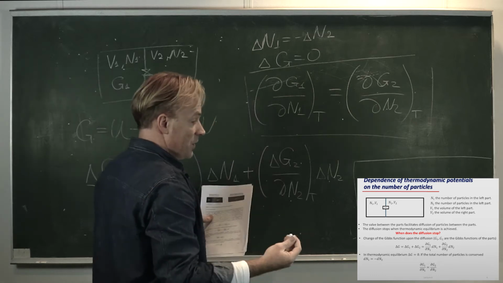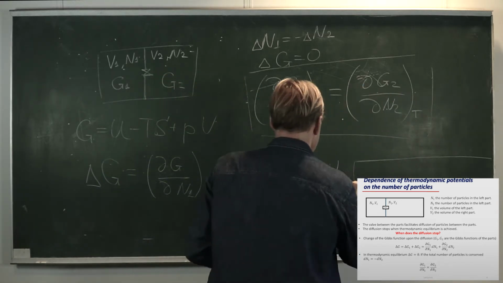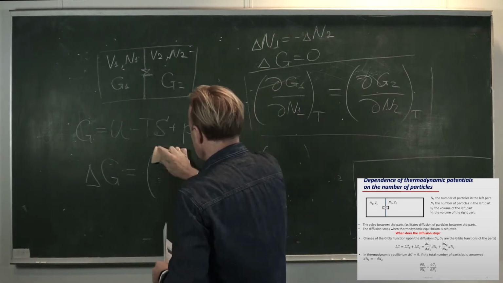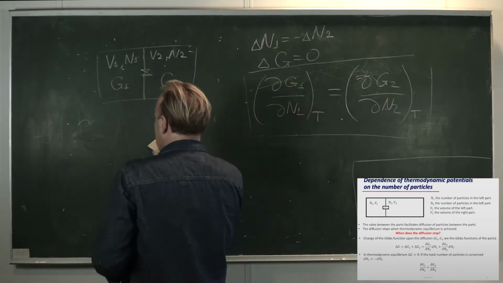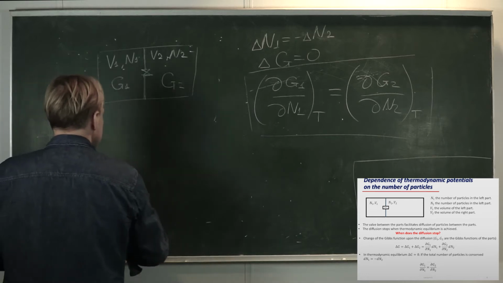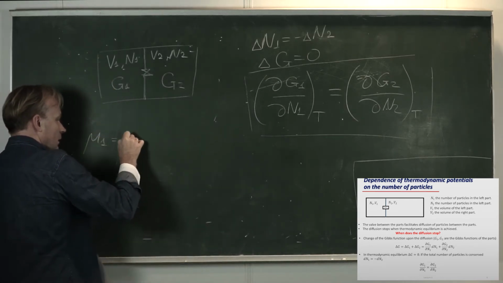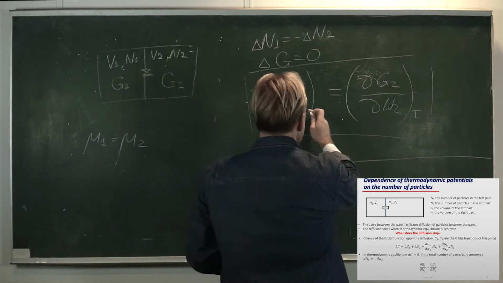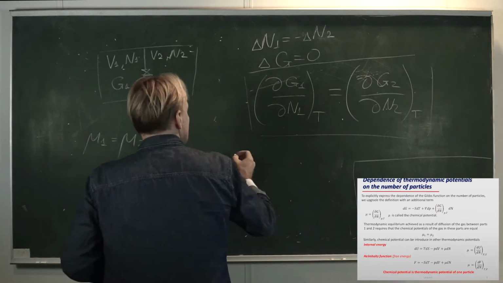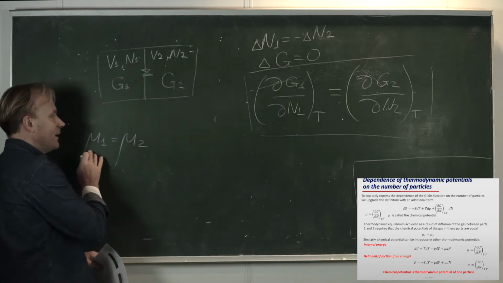Well, looking at this expression, you can ask yourself, why don't we introduce a new variable and state that at thermodynamic equilibrium, we should observe equality of this variable. And that's exactly what people do. They introduce a new variable which is called chemical potential.